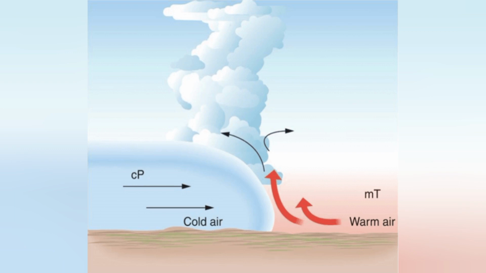Therefore, cyclonic rainfall happens when there are two air masses. One is a warm air mass and the other is a cold air mass. This type of rainfall is similar to convectional rainfall, but in convectional rainfall, the warm air rises almost vertically, as if there is a mountain barrier.